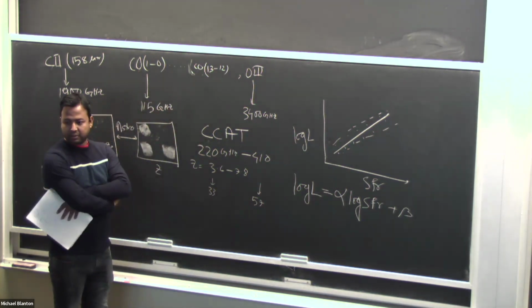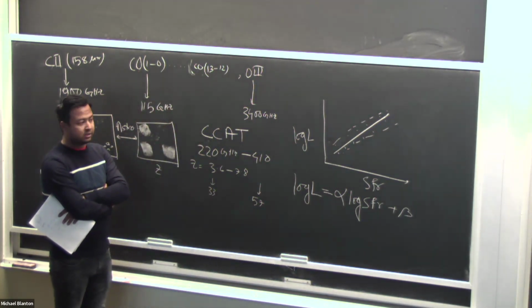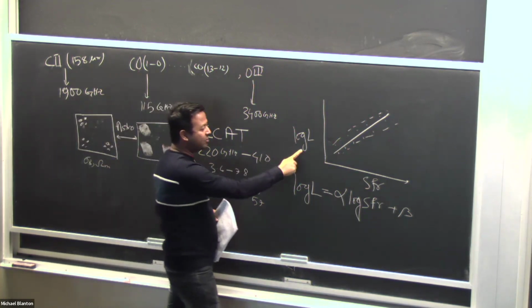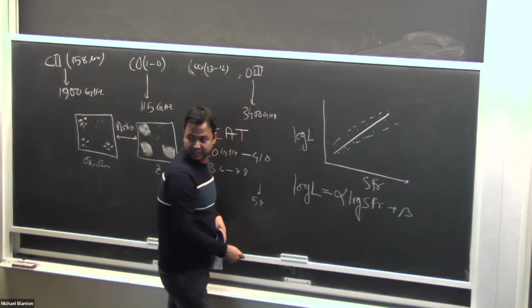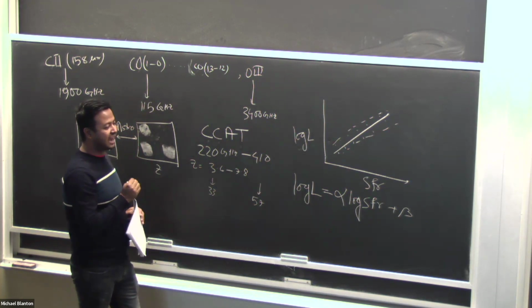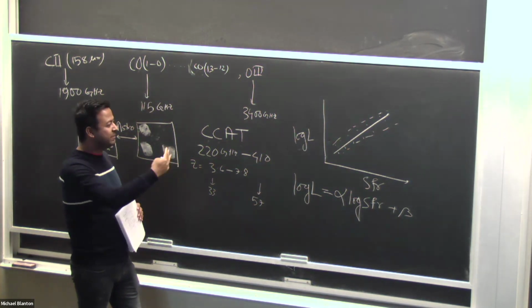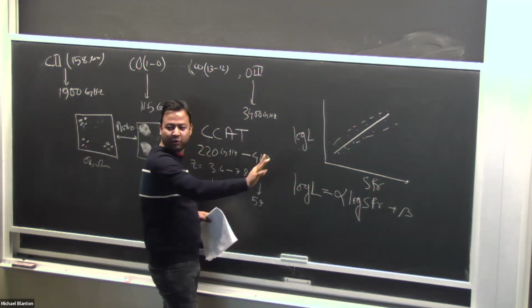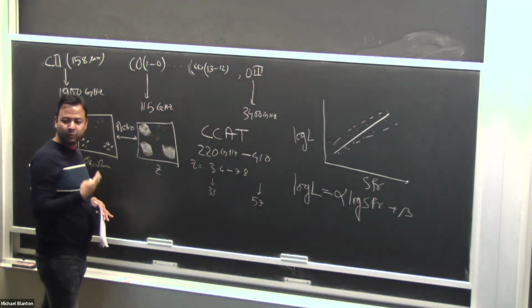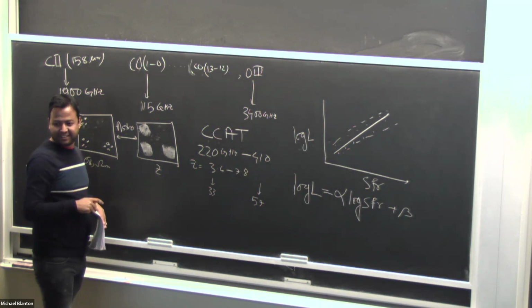Does ALMA have observations in this range of these lines? ALMA observations are at low redshift. Okay, so we know how the scaling relation will be at low redshift. But the question is, do the high redshift galaxies behave like ALMA-like scaling relations, or do they behave very differently? And that is what we ultimately want to concentrate on.